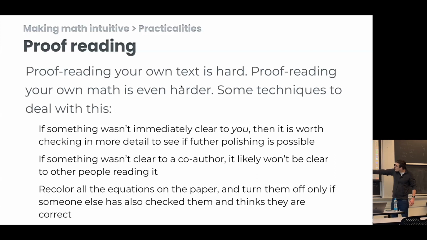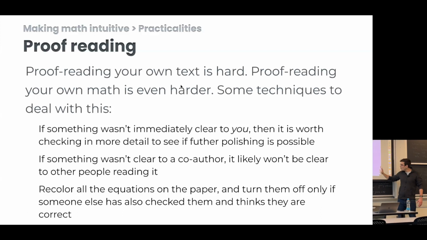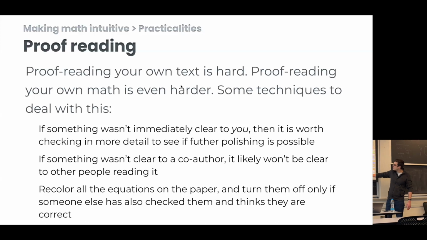So what he has everyone in his group do, after preparing a paper for camera ready or submitting it to arXiv, is go through every equation and recolor it manually using a macro, so that it's bright red or something, and make sure that the macro is removed only if somebody else has also checked that equation and thinks it's correct.